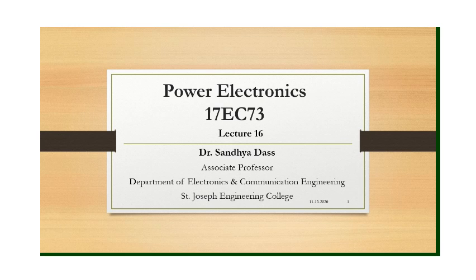As we had discussed in the previous class, the commutation process is the way we turn off the SCR or the thyristor in a circuit, right? The circuit that you use to turn off the SCR is called the commutation circuit, and the components used in the circuits that eventually help to turn off the SCR are called commutation components.